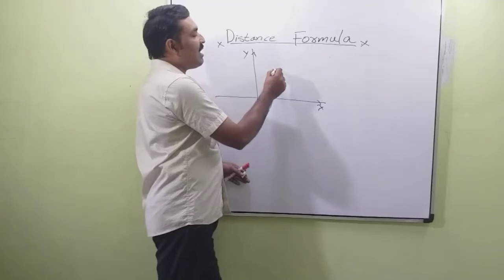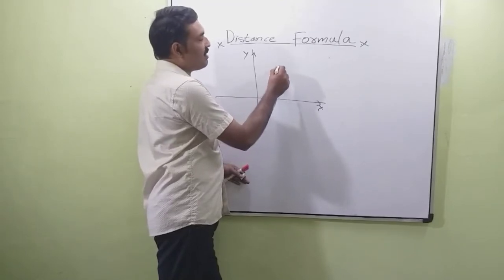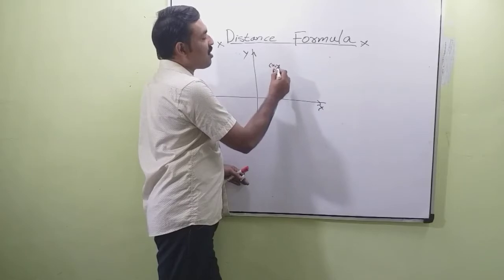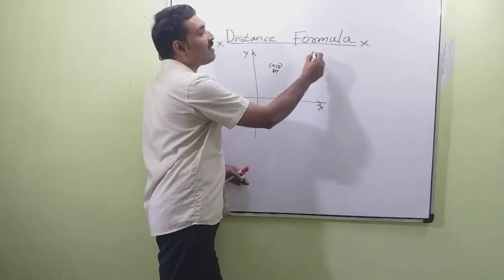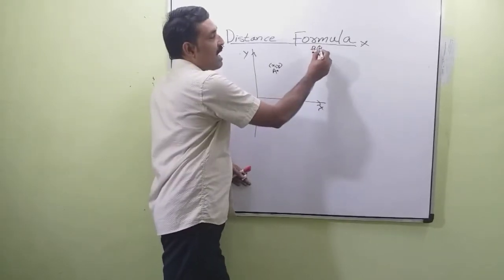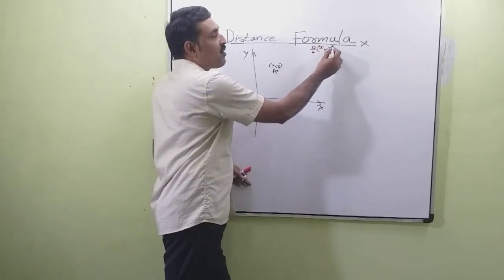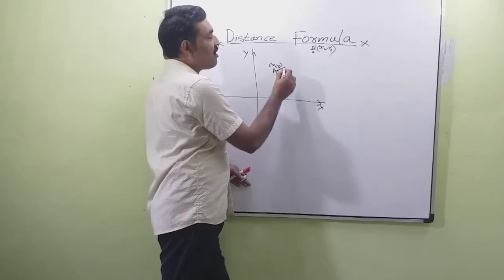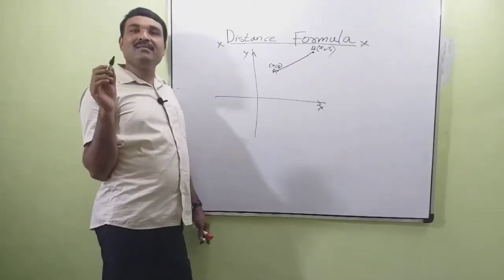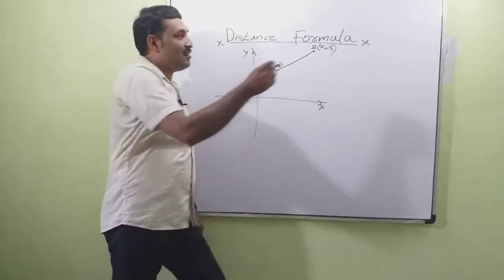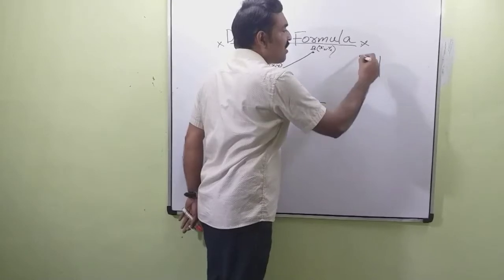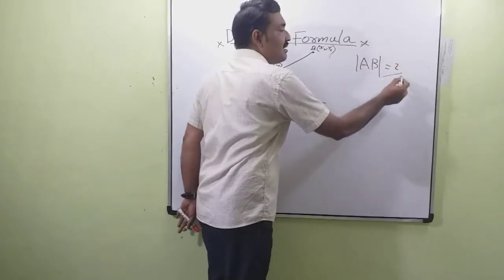Now let I have a point A denoted by (x1, y1), and another point B denoted by (x2, y2). Now I want to find the distance AB. This can be obtained by making use of this formula. So what is the length or magnitude of AB?